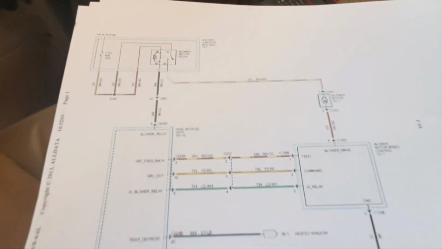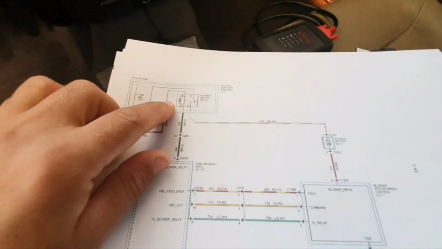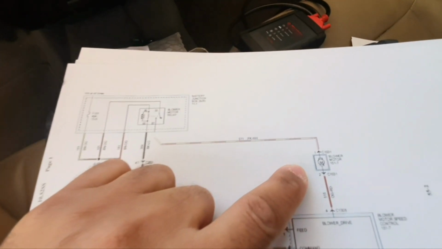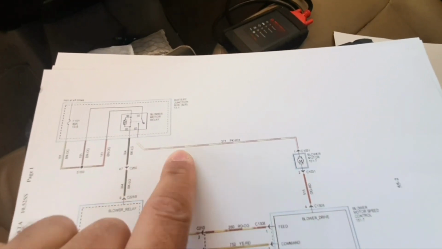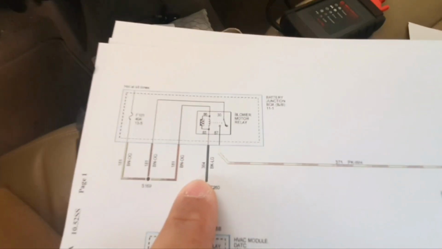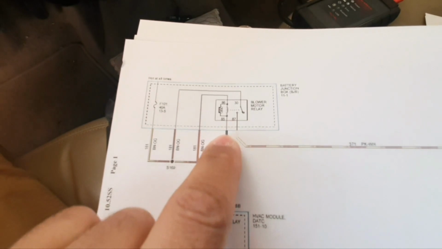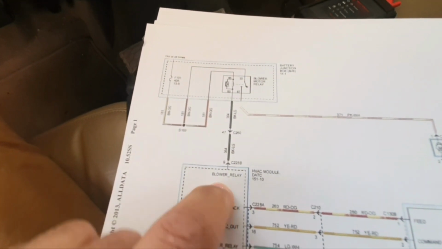Okay, and as you can see, we have here a relay. This relay provides the blower motor itself with 12 volts directly. And this relay is controlled by the climate control.